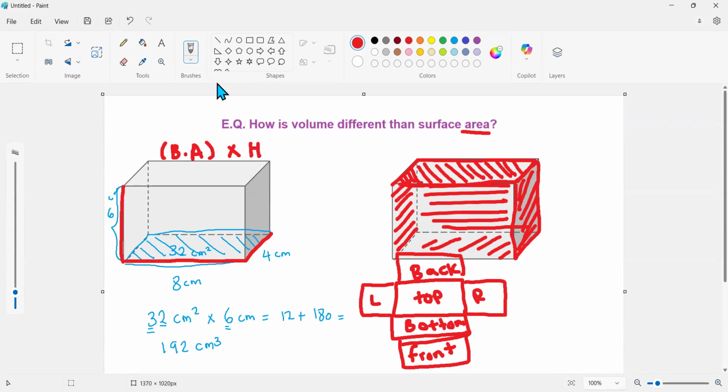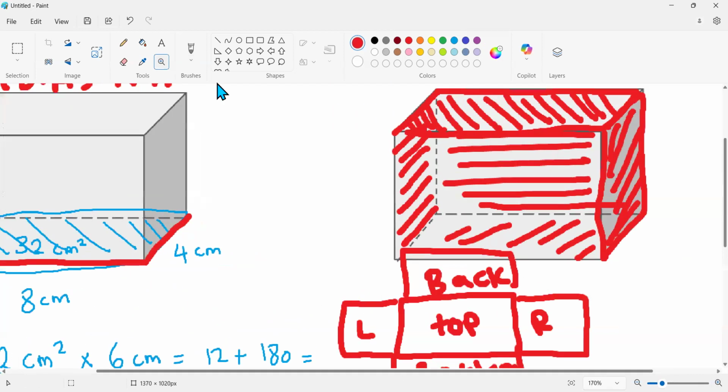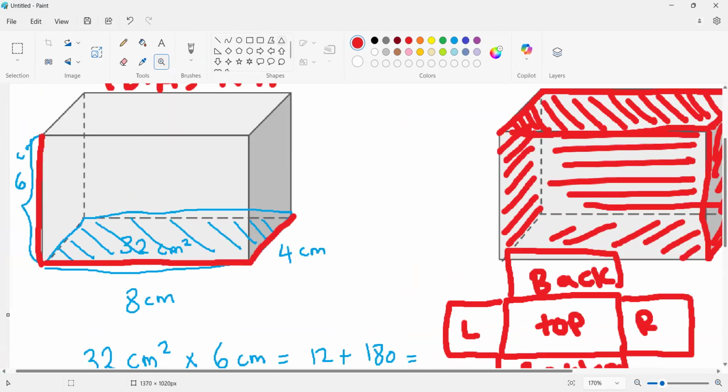On the other hand, when we're talking about the volume, let's zoom in. How many unit cubes can we fit inside this 3D form?